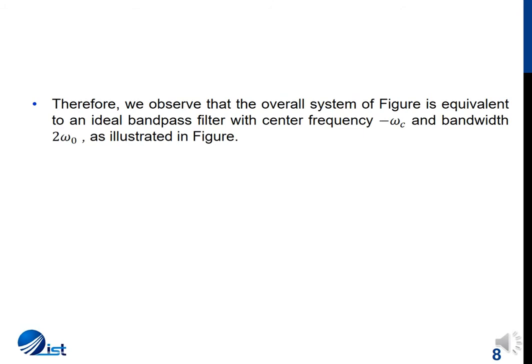We can summarize that by passing the resultant signal through a low pass filter and then multiplying it by an exponential e to the power minus j omega c t, we have achieved the bandpass filtering operation. Such a bandpass filter is centered at the frequency minus omega c, which is the frequency of the exponential you are multiplying with, and it has a bandwidth of 2 omega naught, because the low pass filter you used had a bandwidth of 2 omega naught.